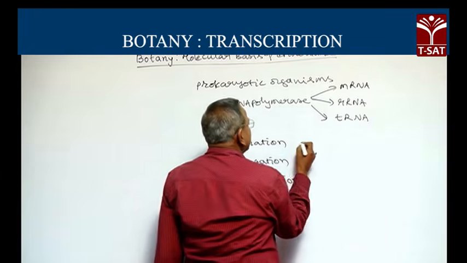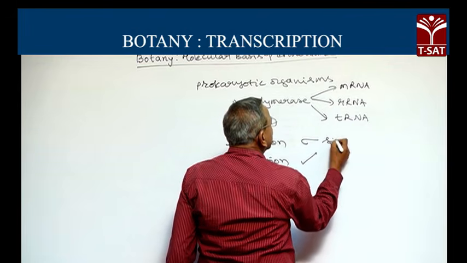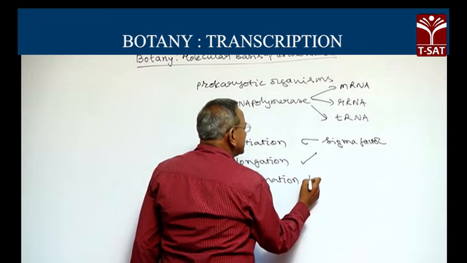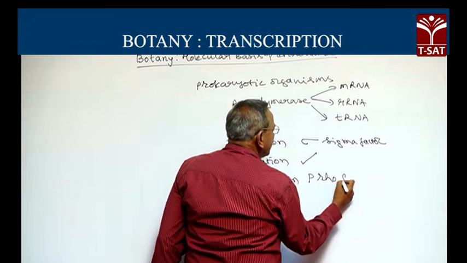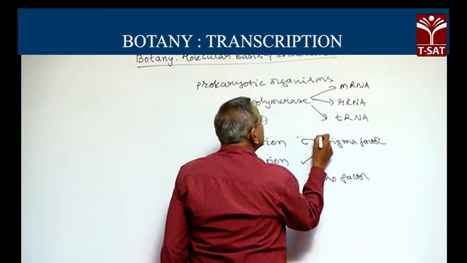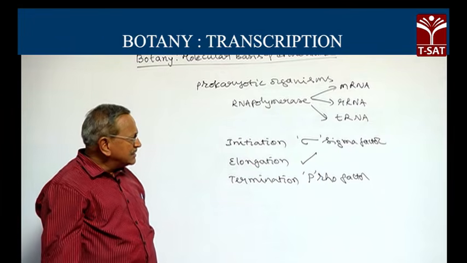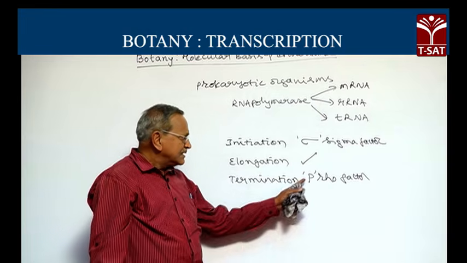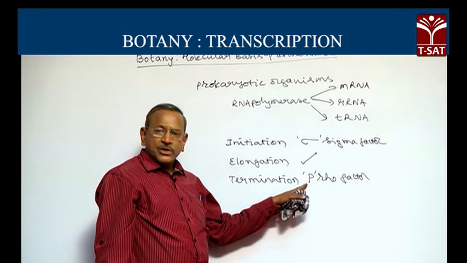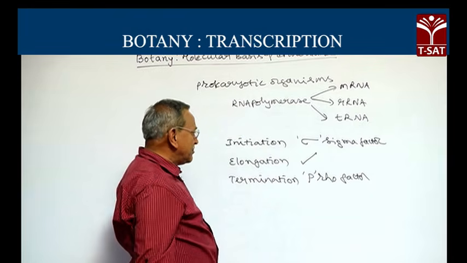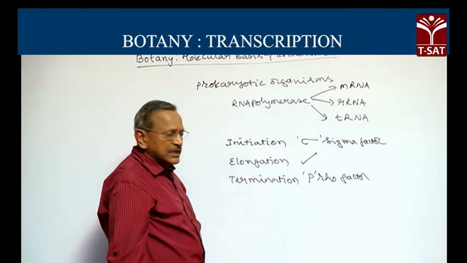For initiation it requires sigma factor, and for termination it requires rho factor. So with the help of sigma factor it can begin initiation, with the help of rho factor it can end the process of transcription, and on its own it is capable of elongation only.